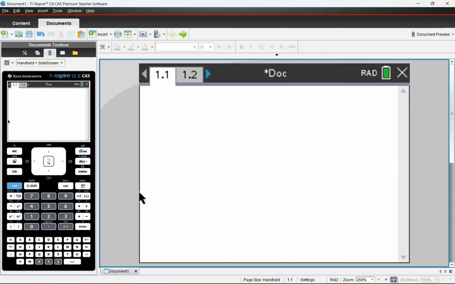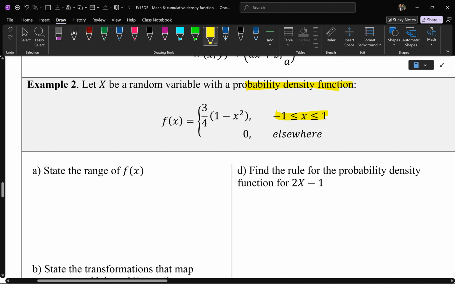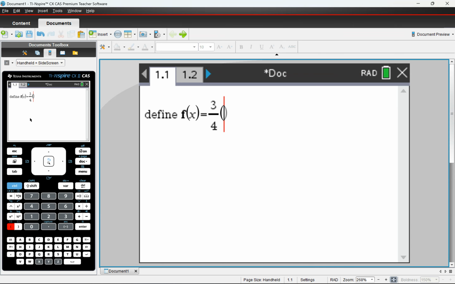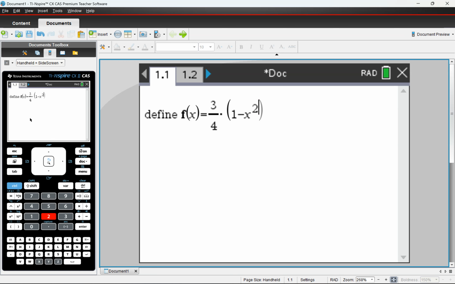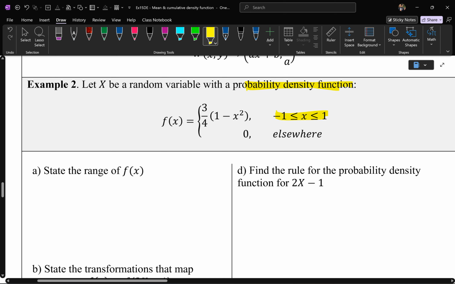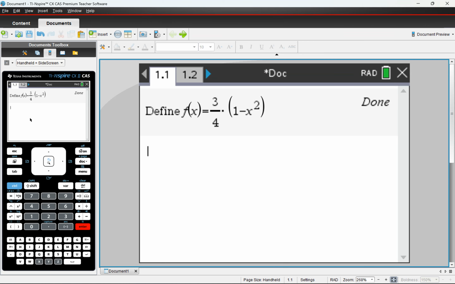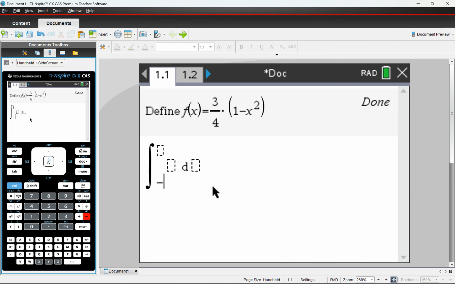Let's define the function so I don't have to type it again. F of x is equal to 3/4 times 1 minus x squared. And I'm going to integrate it between -1 and 1 of f of x dx. Good. Probability density function equals 1.